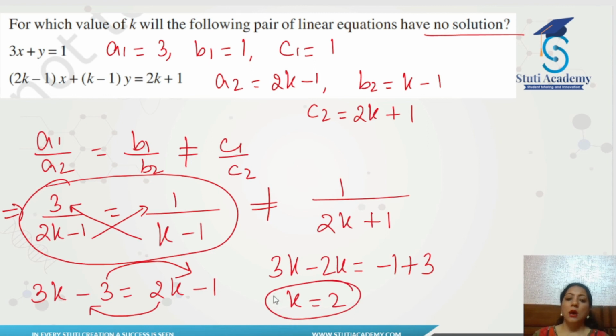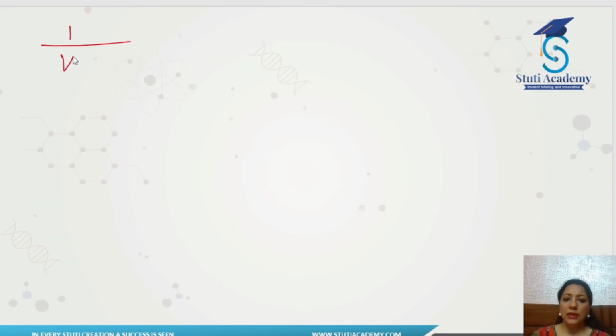Now since we have got k is equal to 2, just to be on the safer side, we're going to put 2 here and we'll check whether these two ratios are coming out to be unequal. So we will get here 1 upon k minus 1 not equal to 1 upon 2k plus 1.